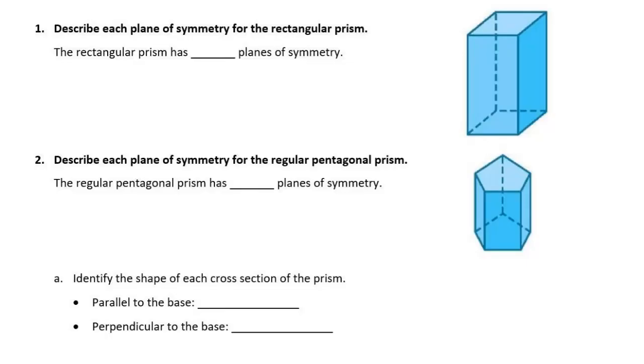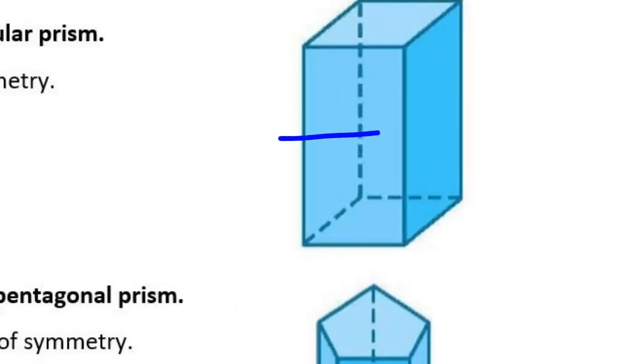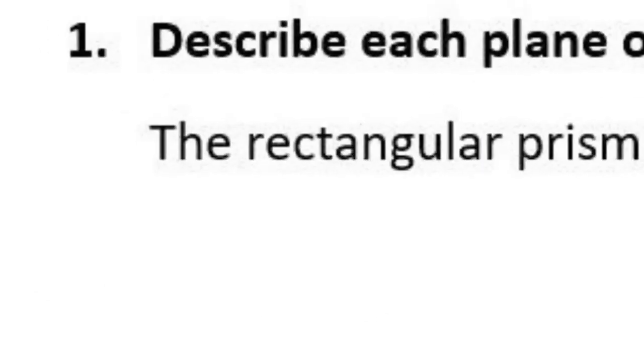So the first plane of symmetry that I see when I'm looking at this rectangular prism, if I chop right through that rectangular prism horizontally, so that would be parallel to the bases, right through the center of those vertical edges, that would be one plane of symmetry.